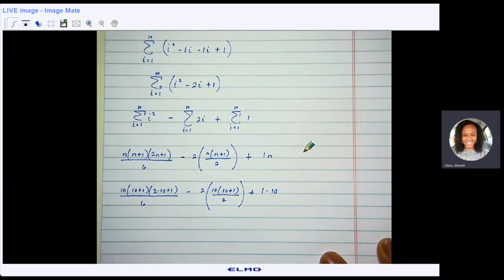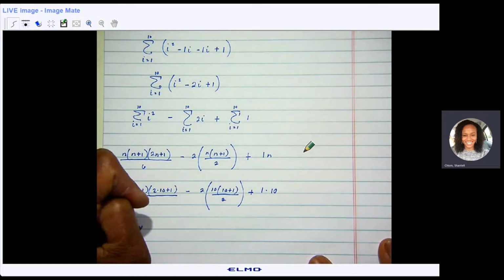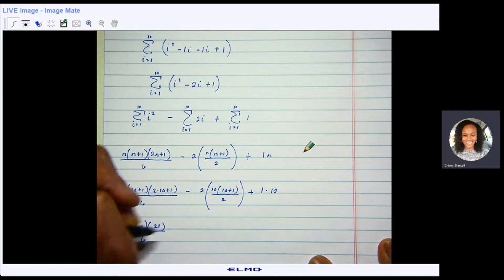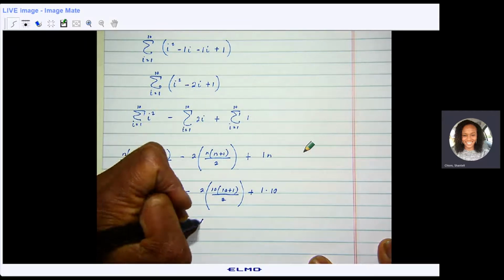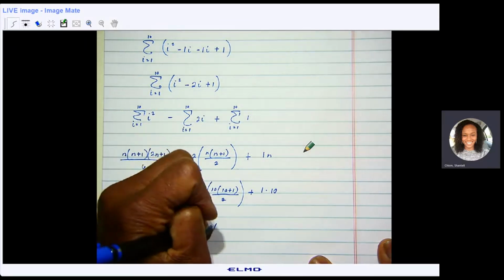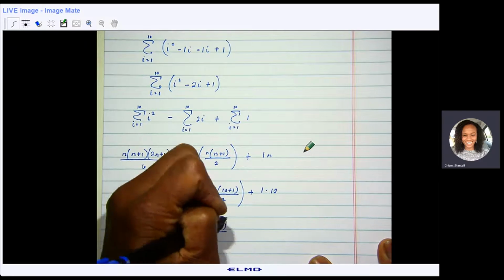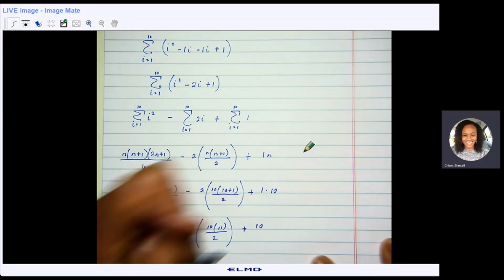Okay? Cleaning this up a bit, so we got 10, 11, 21, all over 6 here, 2, 10 times 11 all over 2, and then plus 10.